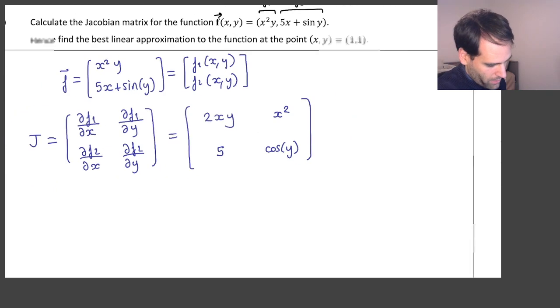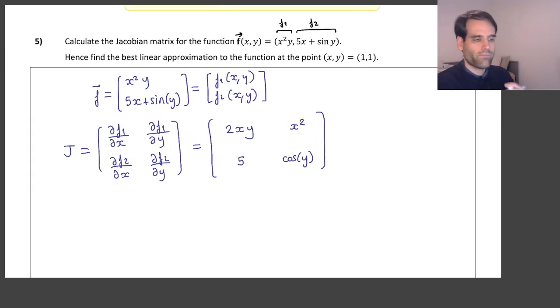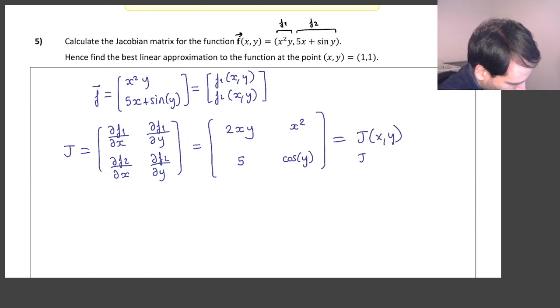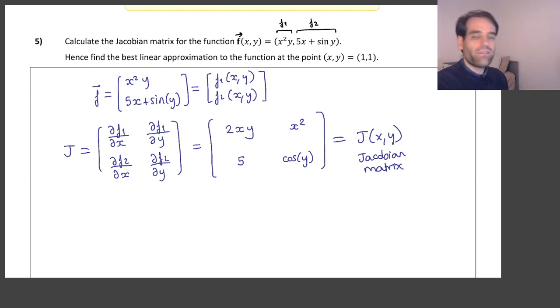And this is the Jacobian matrix, which is a function of x and y. This is equivalent to having calculated the derivative for a function in one dimension. This is the multidimensional equivalent.